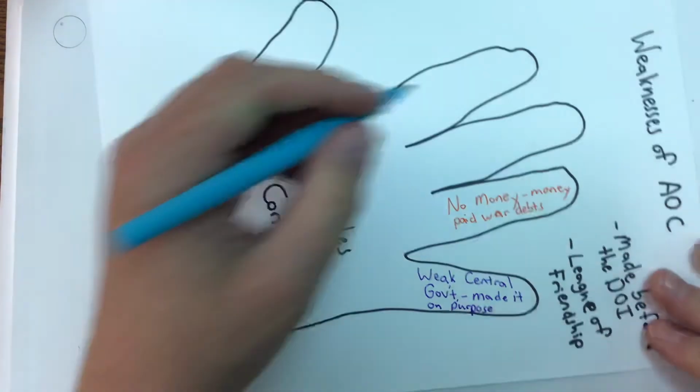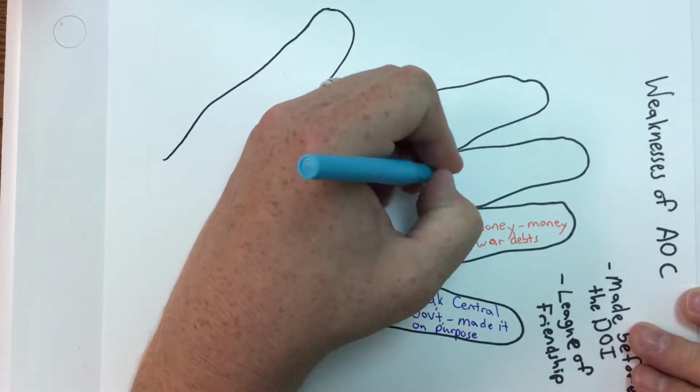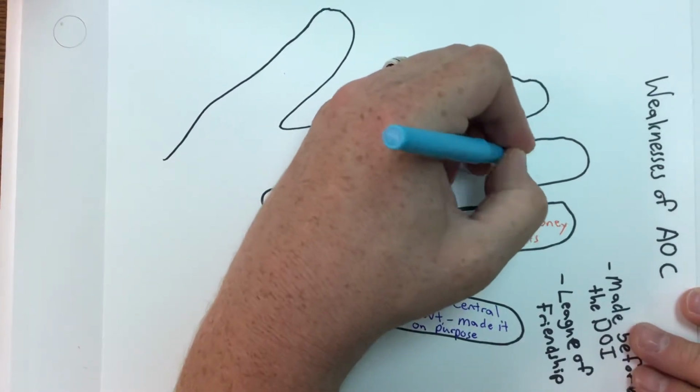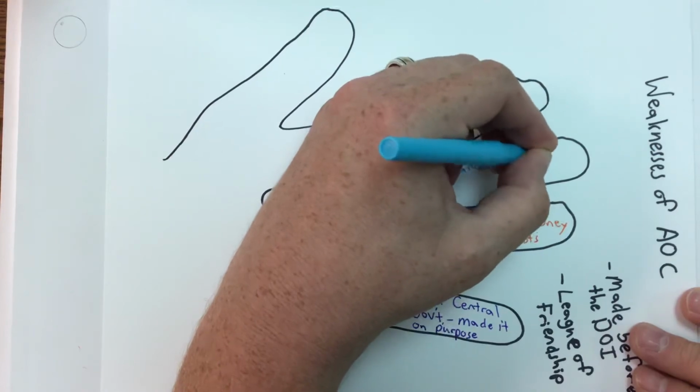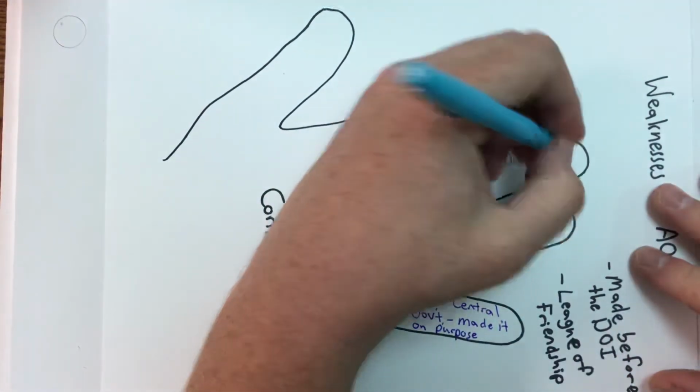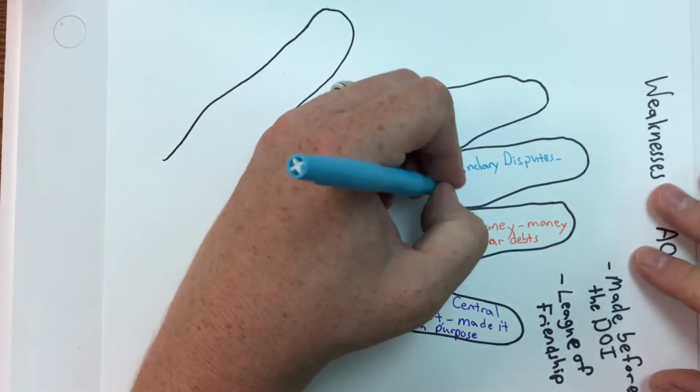The next problem was boundary disputes. So what ended up happening here is states argued about how far west they could extend.